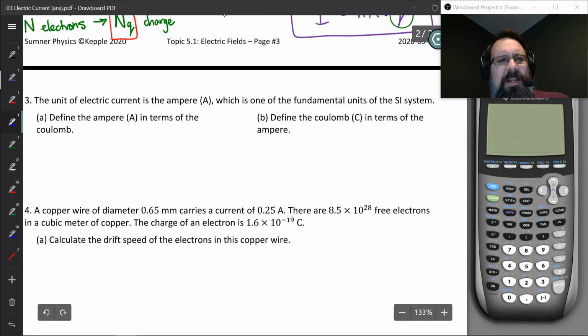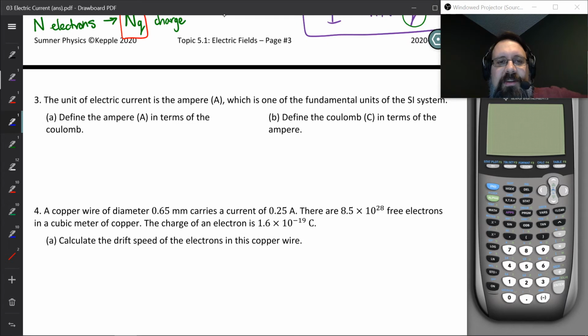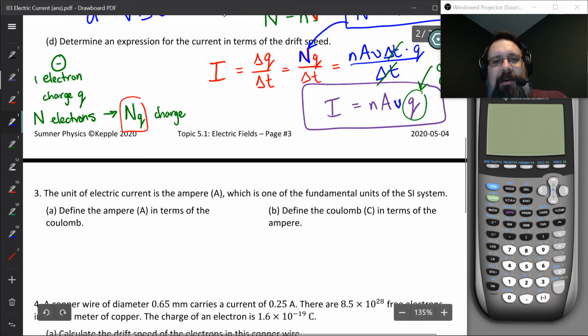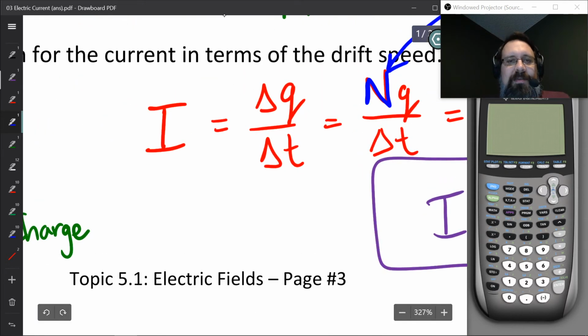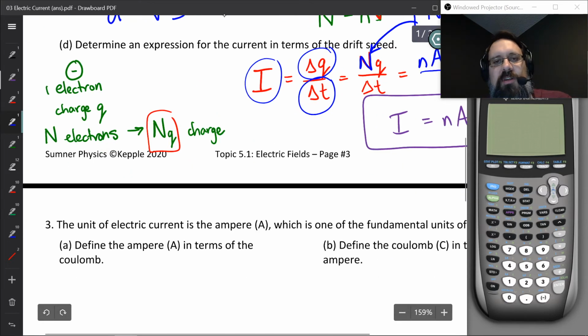Okay, let's talk about units before we confuse ourselves. The unit of electric current is called the ampere, capital A, and it's one of the fundamental units of the SI system. But it's kind of weird. Let's define it. So how would you define an ampere? An ampere from this equation is a charge per second. So it's a charge per time.